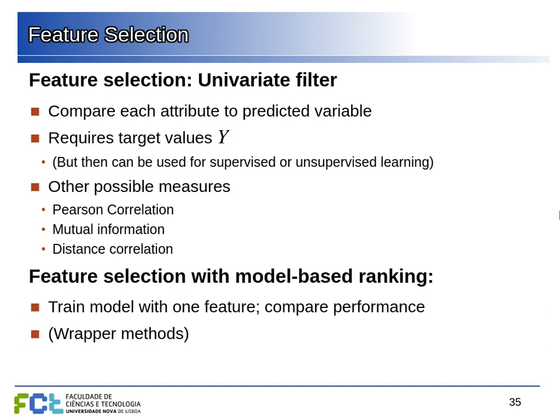So basically, for univariate filtering, we are trying to compare each attribute to the predicted value, whatever value we want to predict. So this is mostly in the context of supervised learning, although we can then use the selected features for clustering, for anything else. Okay?